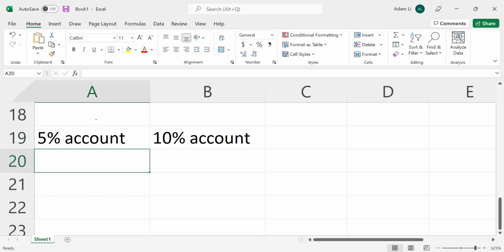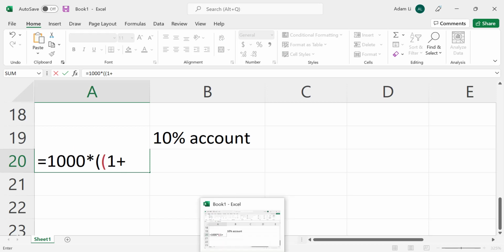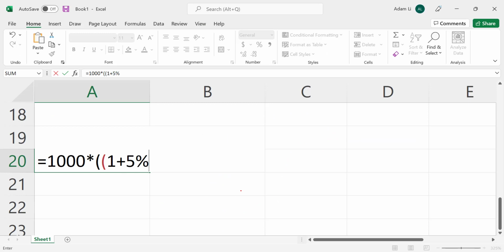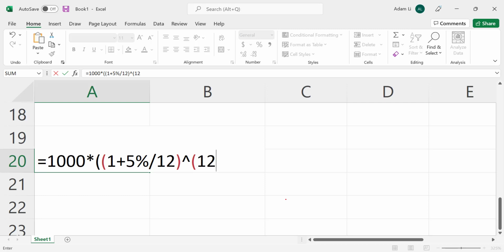For the 5% account, the regular payment is $1,000, times 1 plus 5% over 12 raised to 12 times 20, minus 1, divided by the denominator, 5% over 12.